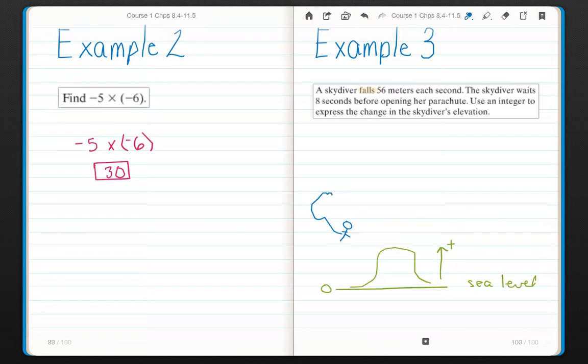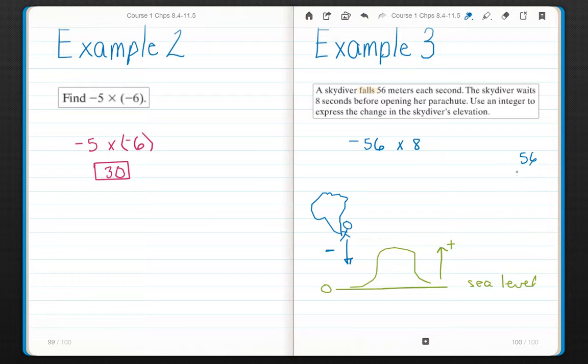Whee! Okay, it's a really bad parachute. She is falling. And anytime you fall, you are decreasing your elevation, so her fall is negative. So we have negative 56 meters per second times 8 seconds.